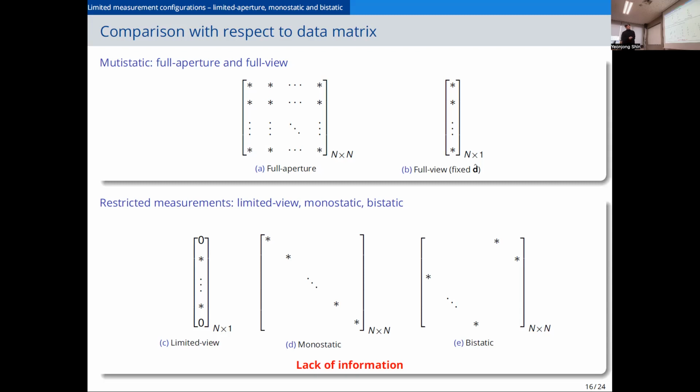And monostatic is only the diagonal part. And bistatic data is another pattern like this one. This means that compared to the ideal case, multistatic full aperture, there is some lack of information. So it is very hard to image the data by existing methods.